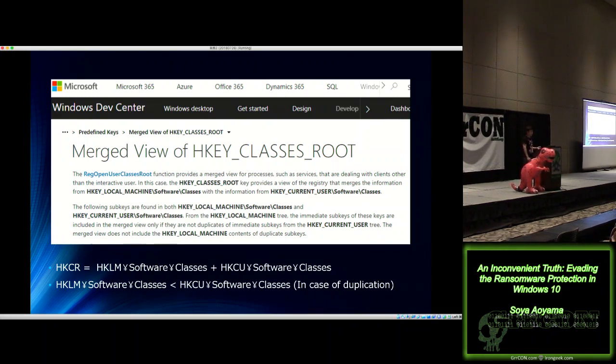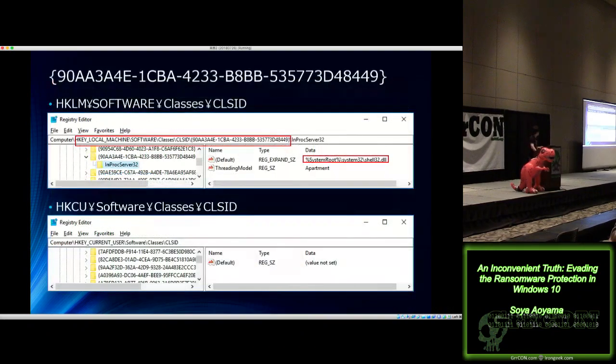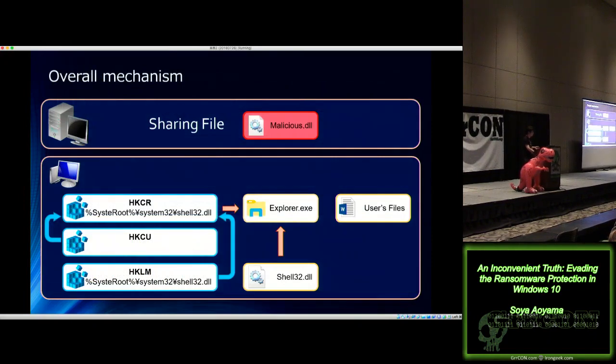Even MSDN is written, HKCR is merging of HKLM and HKCU. And HKCU takes precedence from HKLM. In the case of the GUID, there is a value in HKLM, but not in HKCU. So if you write the value to HKCU, you can change value of HKCR.